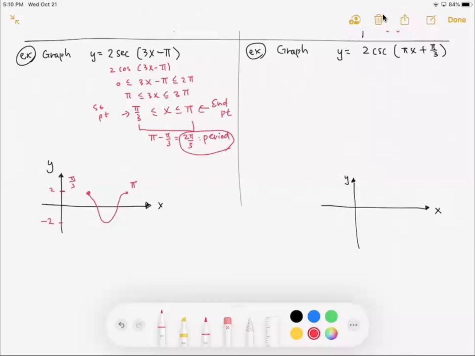And we can find our vertical asymptotes for secant, and we can graph by using max and min of cosine.